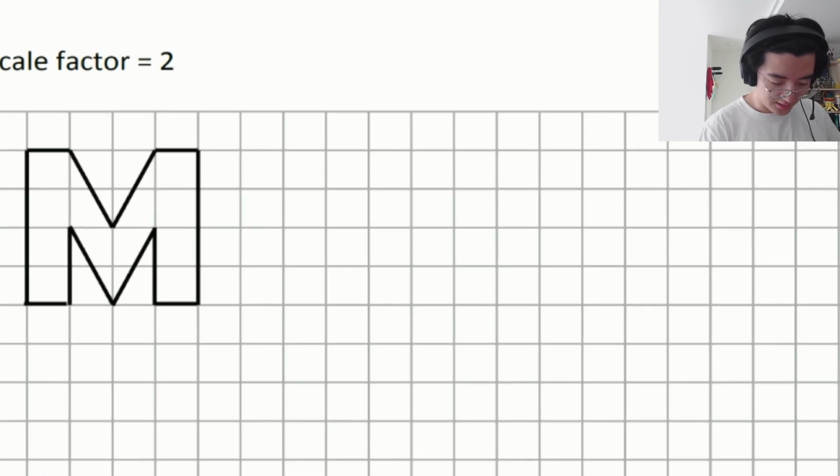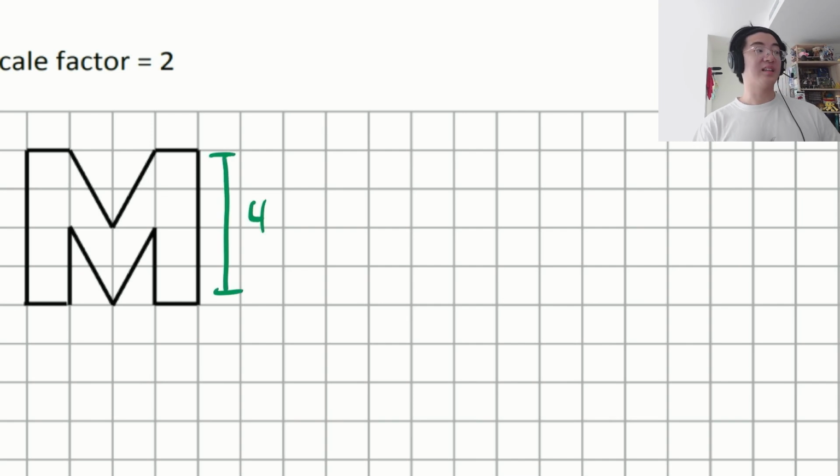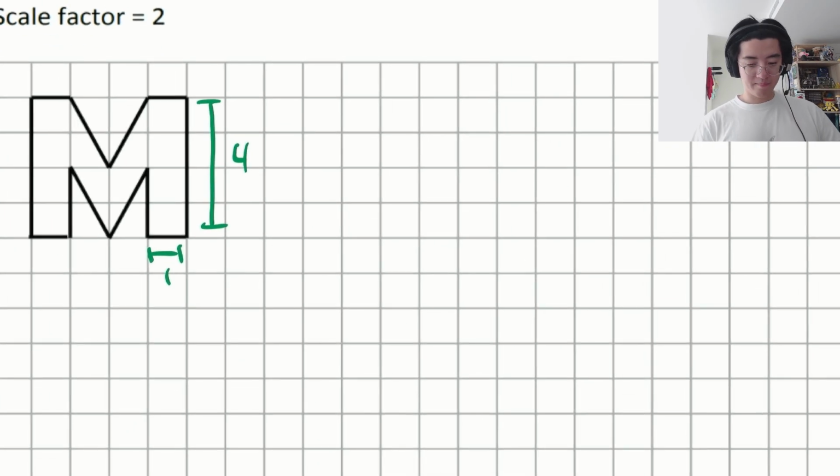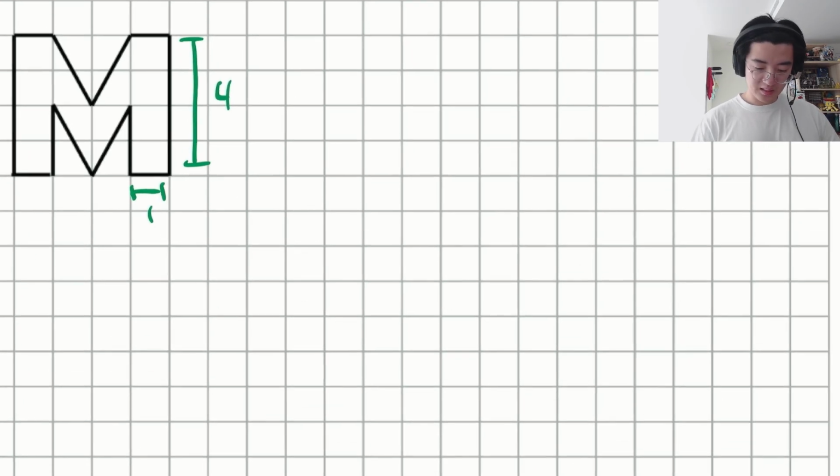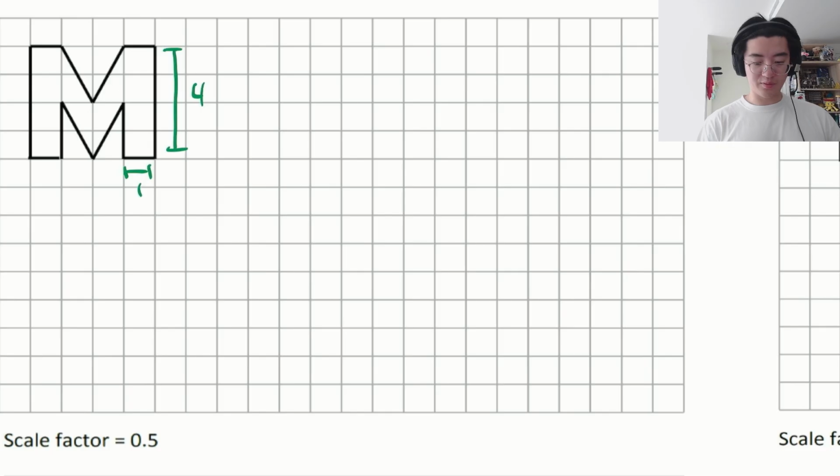So, for a scale factor of 2, our original shape here has a height of 4. We've got a space of 1 here. Now, when we want to scale it by a factor of 2, we're just multiplying all the measurements by 2. So instead of the length being 4 tall, it's now 8 tall. 1, 2, 3, 4, 5, 6, 7, 8.